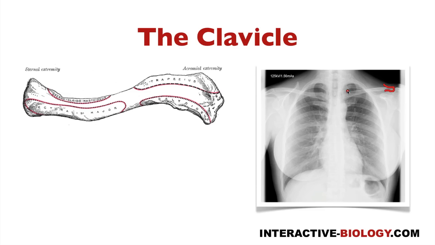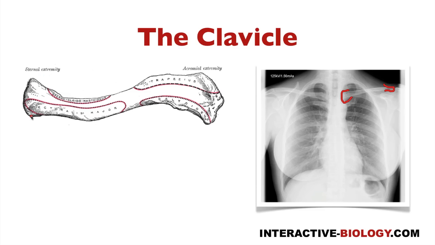And if you come over here to the sternal end, you'll see that it's more rounded, and that's one of the distinguishing features that you can see. You can't see it as much in this picture, but you do kind of see that this is a little flatter and this is a little more rounded. So the sternal end is a little more rounded.